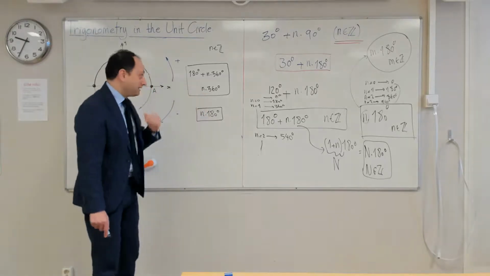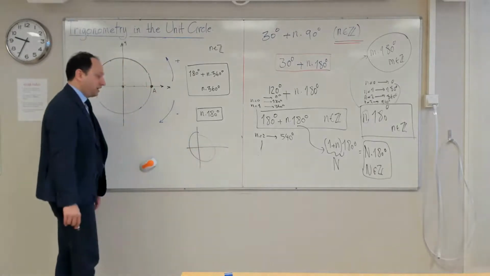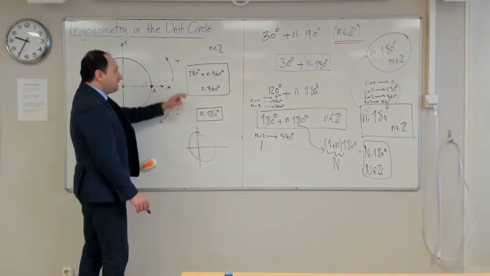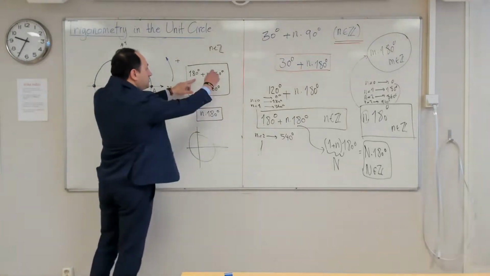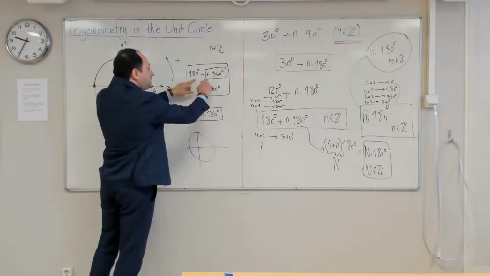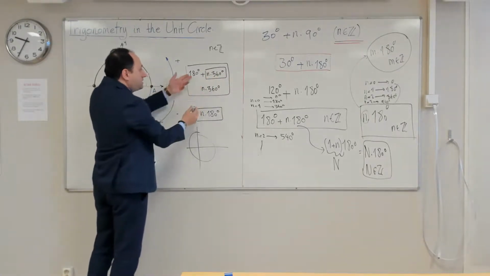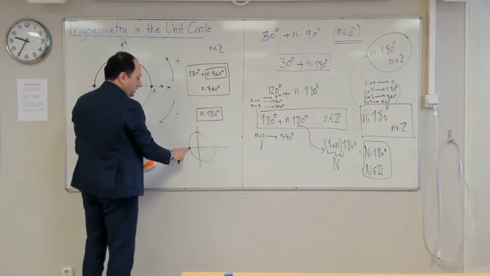How should I understand? I will just draw a rough picture for myself. You don't need to be precise at all. So you see, I'm just drawing a very messy picture. But let me see what the endpoints corresponding to this are. You see, this is a full circle, and this is 180. So where is it? It is here. For example, if I put n equal to 0, it becomes 180.